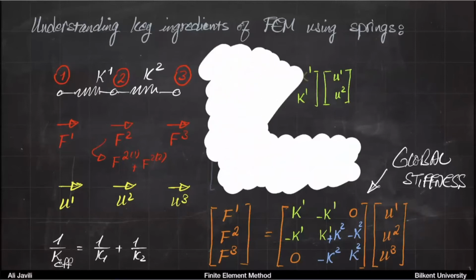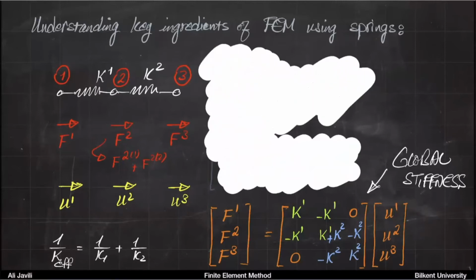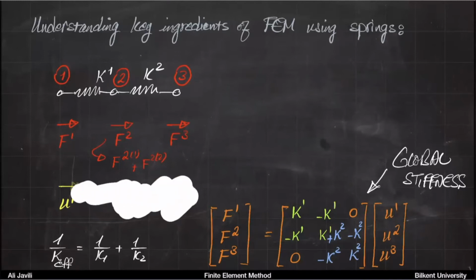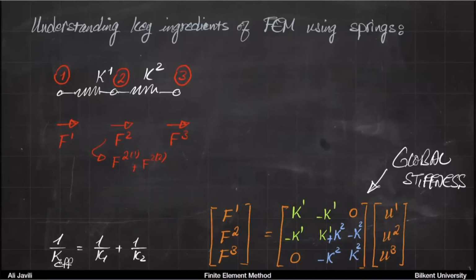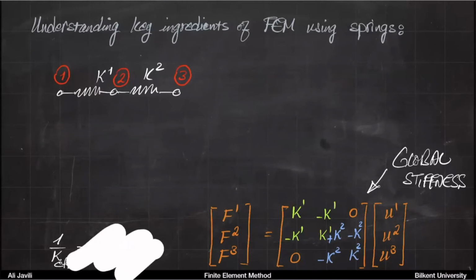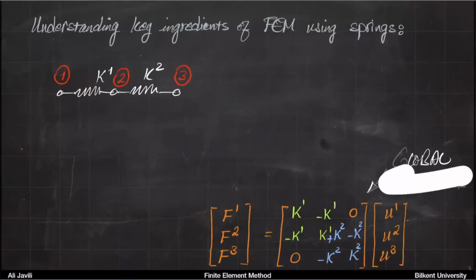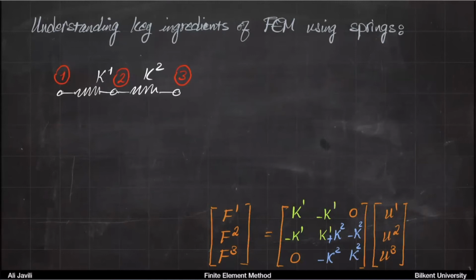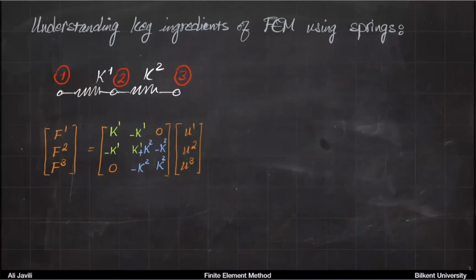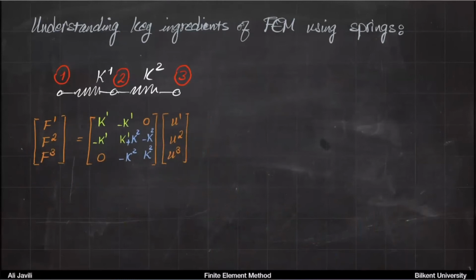So let's do that, and I think now you know this one, and this picture I think you know it already, so I'm going to also clean this. Okay, so this is what we have so far.